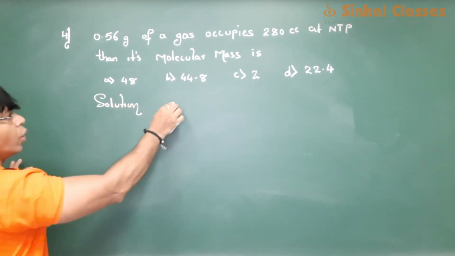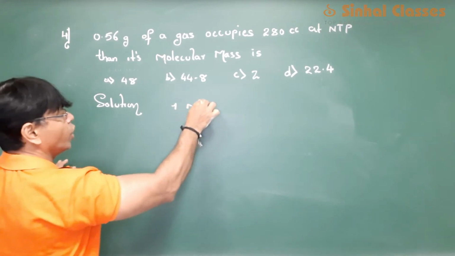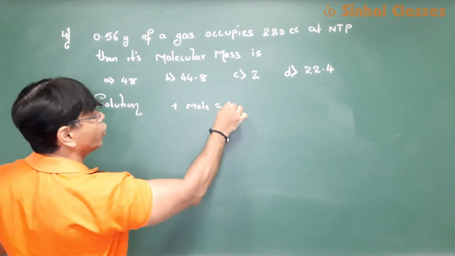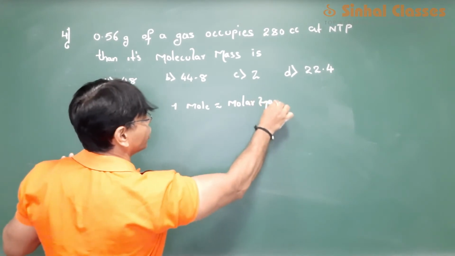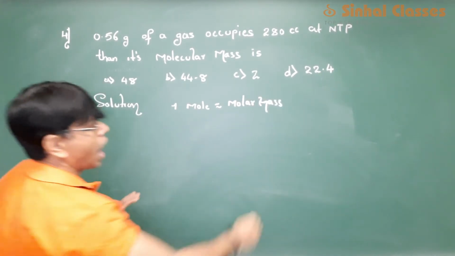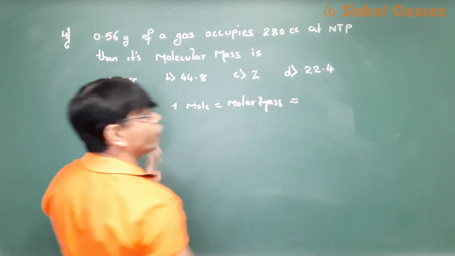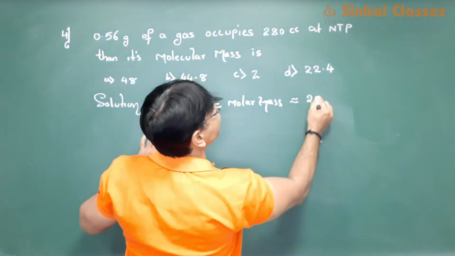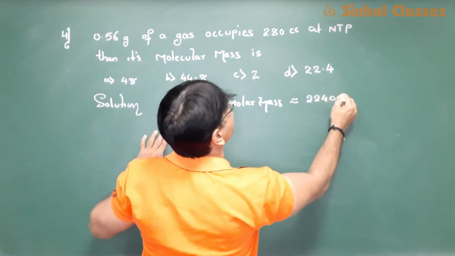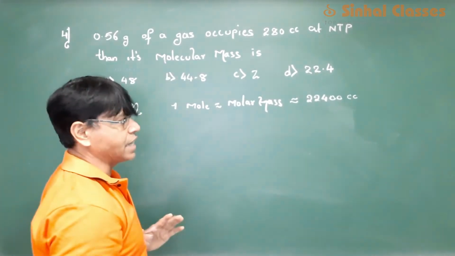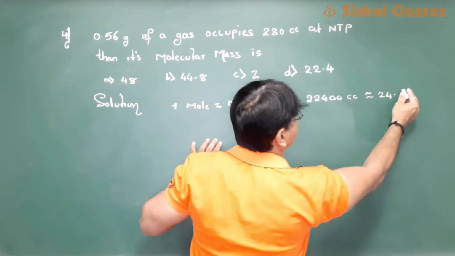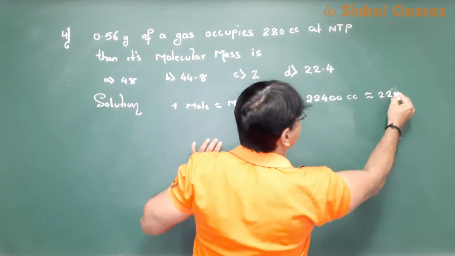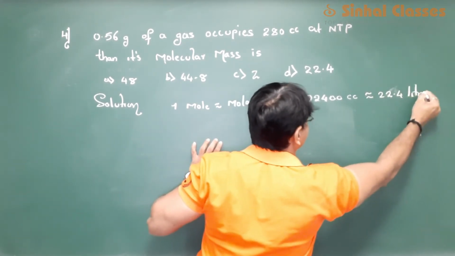We all know 1 mole always corresponds to molar mass for a molecule, and molar mass always occupies 22400 cc at NTP, which is nearly equal to 22.4 liters.